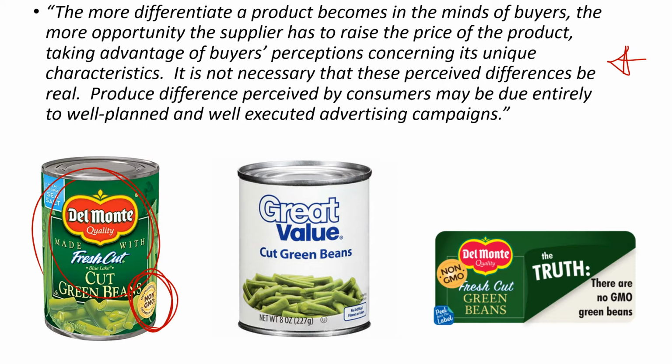Product differentiation perceived by consumers may be due entirely to well-planned and well-executed advertising campaigns. So if a consumer thinks something is better, they might pay a higher price for it, even if in reality that product is the same as the great value product sitting on the shelf. So that's a way that we can completely differentiate a product through advertising and marketing, even if the product is completely the same.